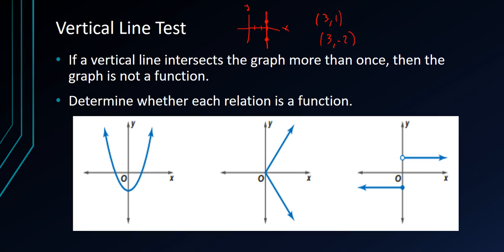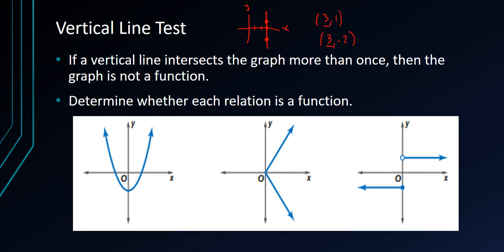They have the same x value, as the vertical line is intersecting them at the same time, and so that goes back to our ordered pairs. If the x values are the same, then it's not a function. So to determine whether each relation down here is a function, go ahead and pause the video and see if you can get them.